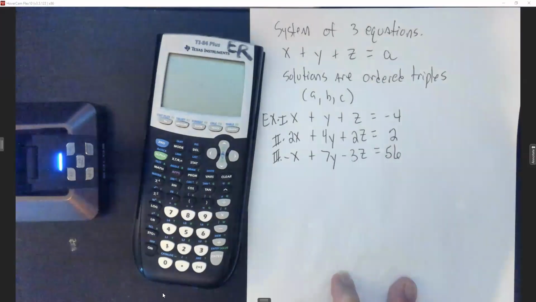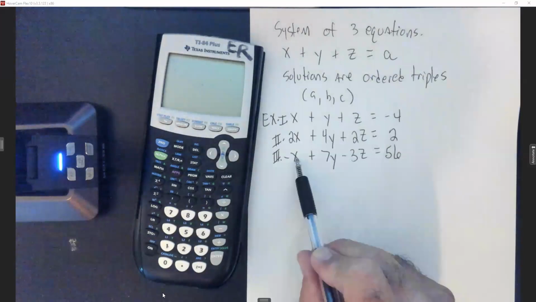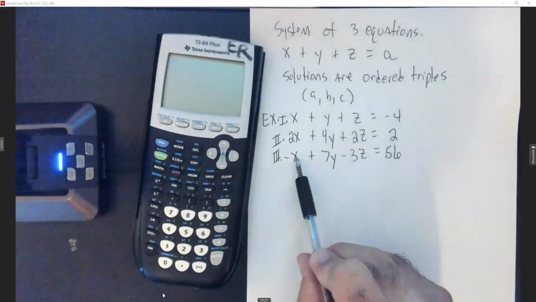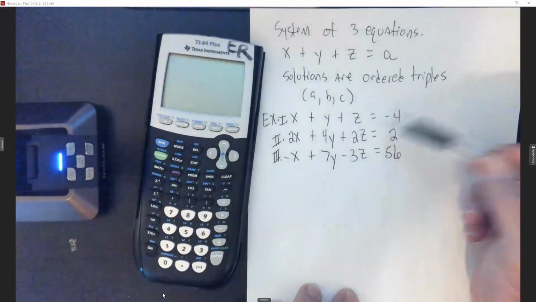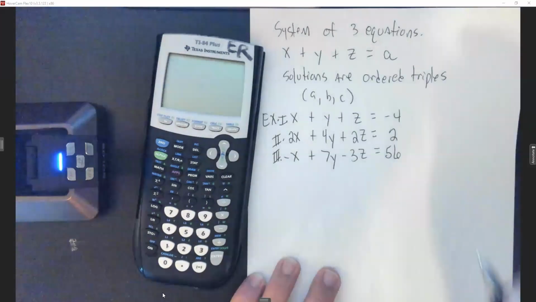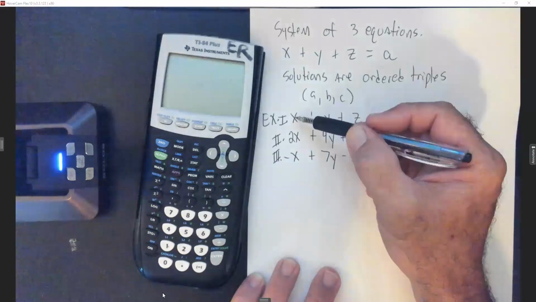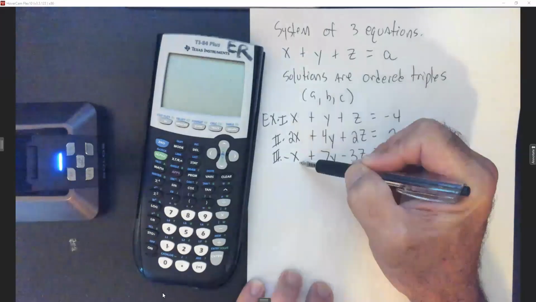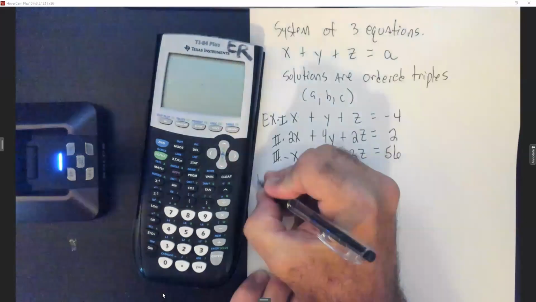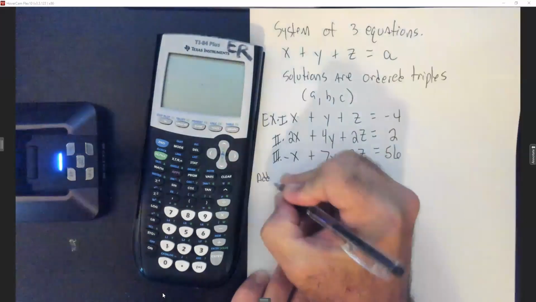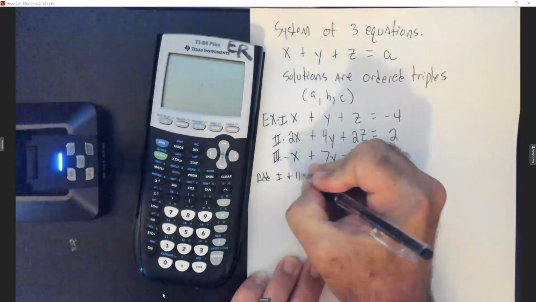So to me, it would probably be easiest to get rid of the x's, because on these I can do them fairly easily. Also the z's, but y'all, the x's are really easy. Because if I add the first row with the last row, I'm getting rid of the x's right off the bat, right? So what I'm going to do is add 1 and 3 to get rid of x.